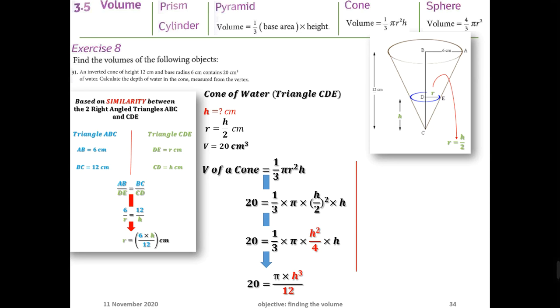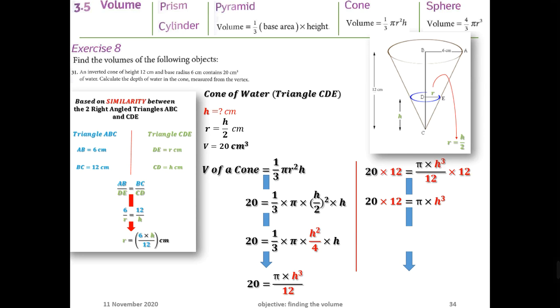Now you are going to get rid of the denominator, which is 12. So you're going to multiply the whole equation by 12, or each side of the equation by 12. So it's going to be 20 times 12, and on the right side the 12s are gone, so the pi h cubed is left on the right side as following.